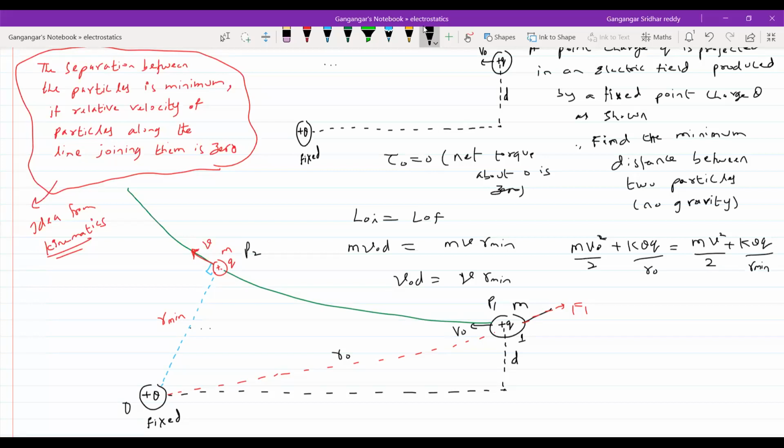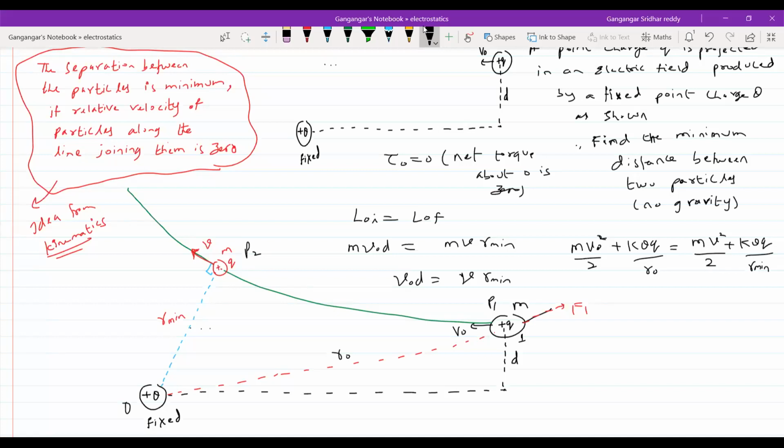What to do with R naught? If R naught is far away, then the interaction potential will be 0.